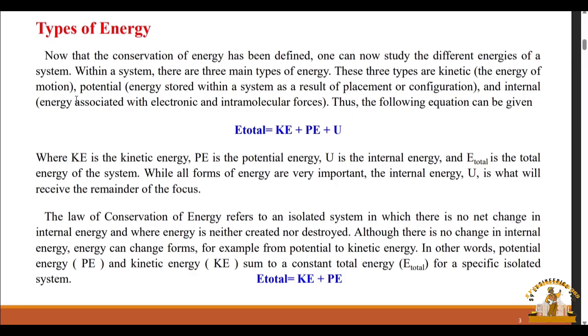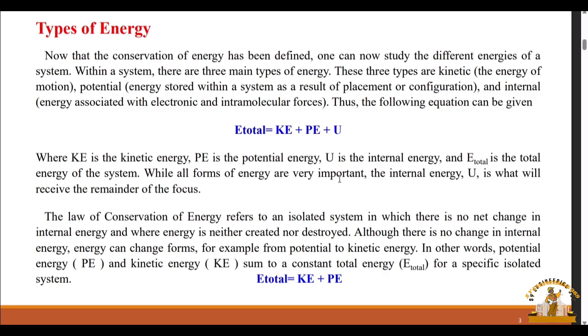And internal energy is the energy associated with electronic and intermolecular forces. Thus, the following equation can be given: E total equals K plus P plus U, where K is the kinetic energy, P is the potential energy, U is the internal energy, and E total is the total energy in the system.